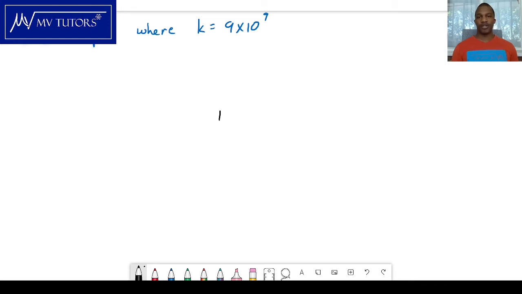You're given a positive one, and on its left is another positive one, and on its right a negative one.